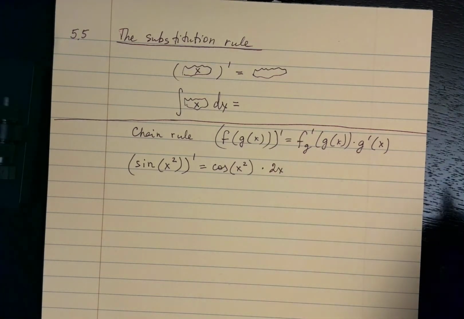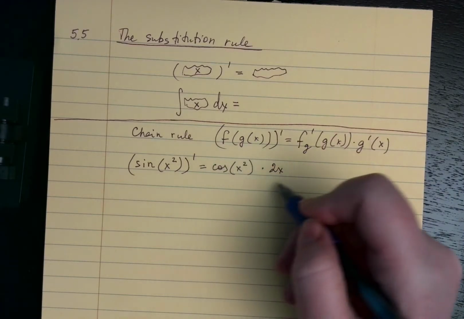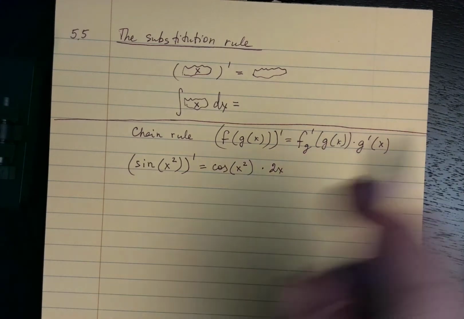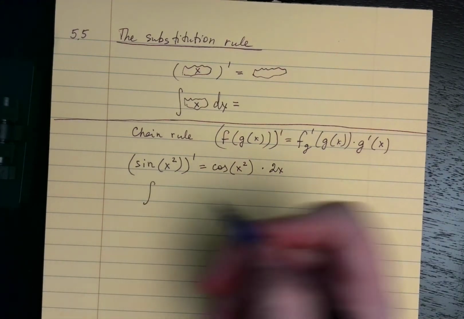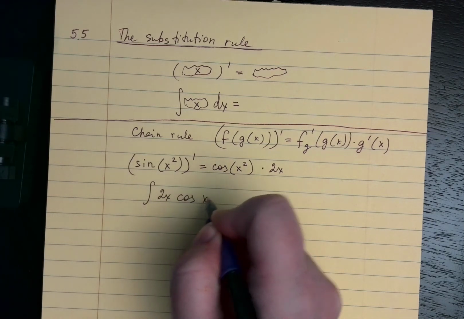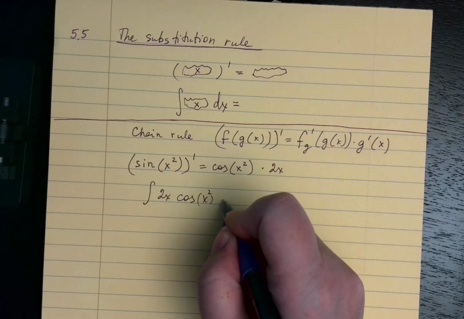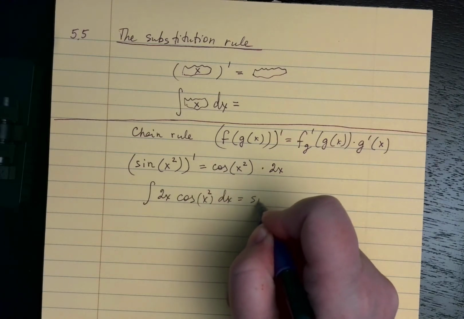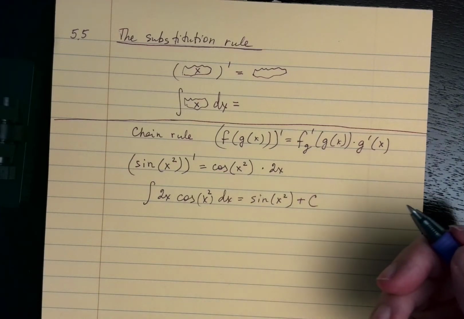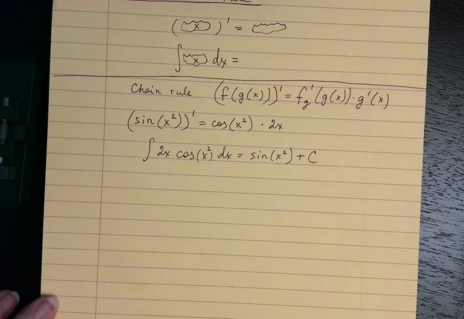Therefore, if we integrate this function, we will get sine of x squared, right? So the integral of 2x cosine of x squared dx is going to be sine of x squared, naturally up to a constant, right? And when people realized that, they invented the substitution rule.